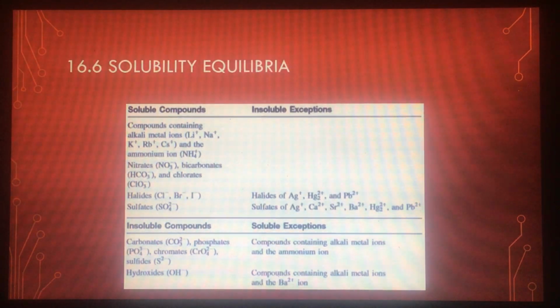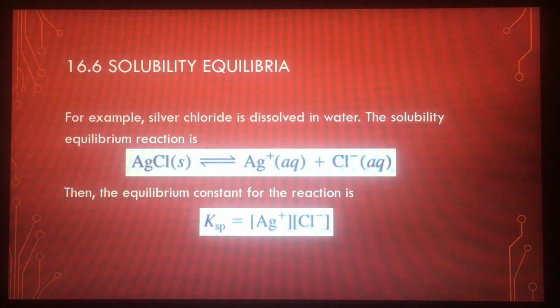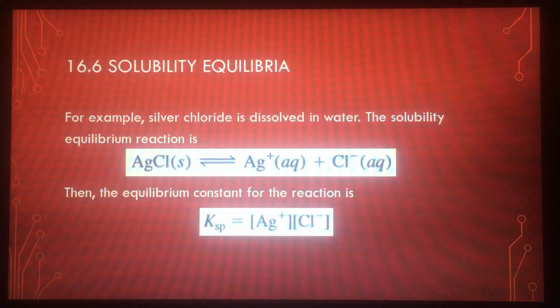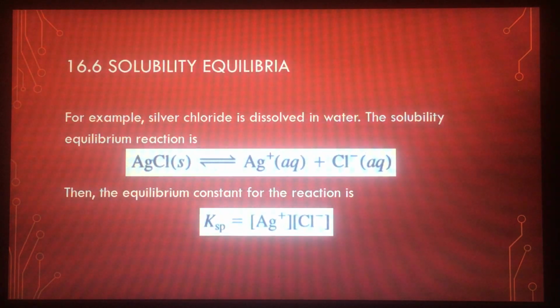Okay, so going back to the study of solubility equilibria, for example, we have silver chloride. Silver chloride is an insoluble or sparingly soluble salt. So the solubility equilibrium reaction is given. Silver chloride will be dissolved, so that means we have silver ions and chloride ions.